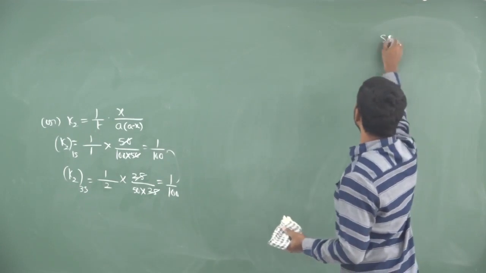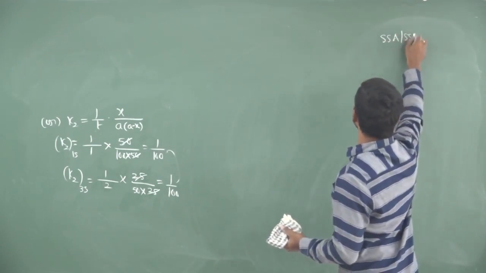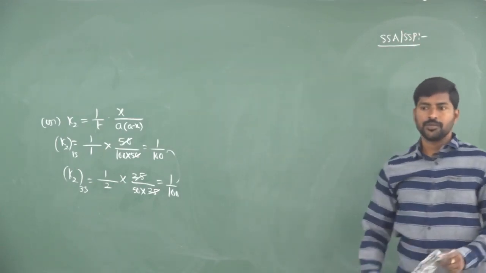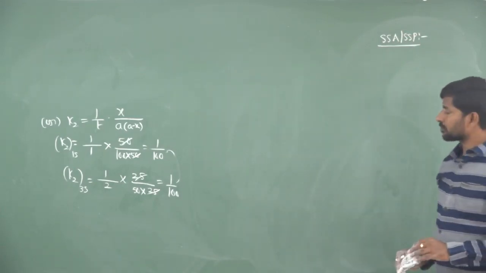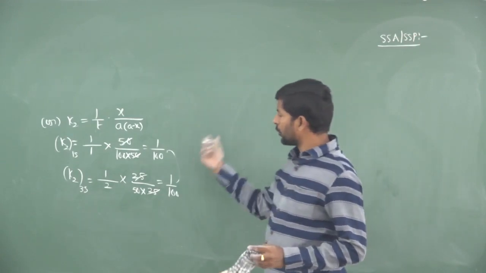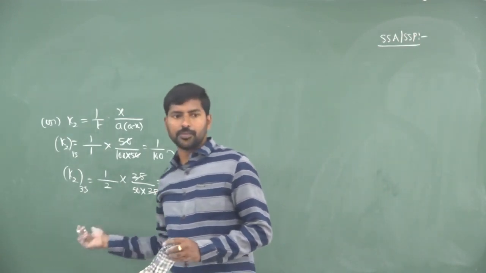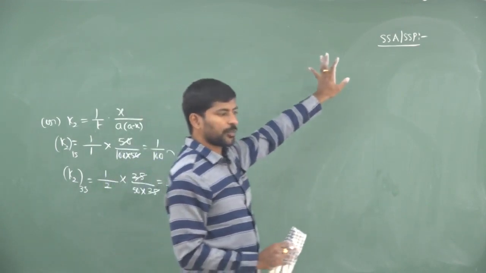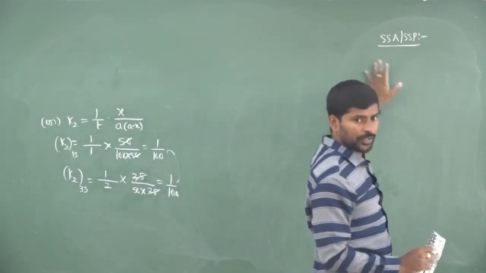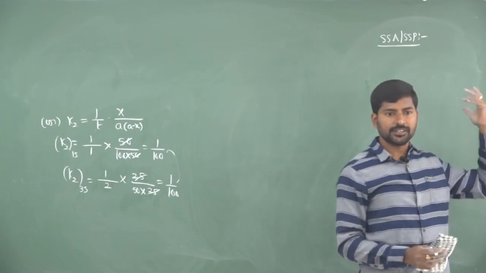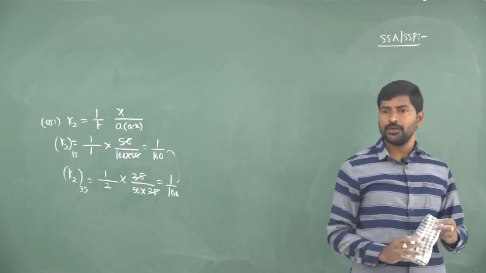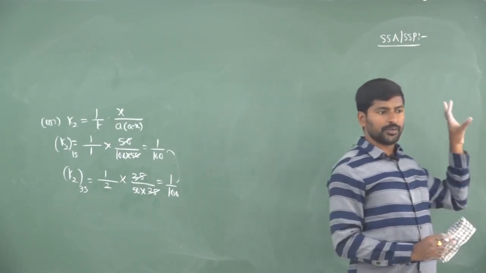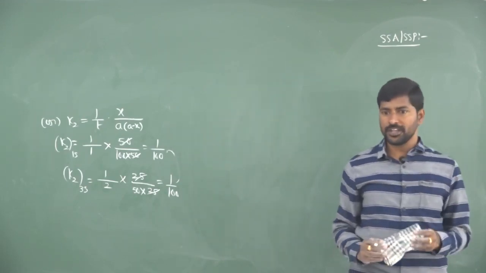Next one, steady state approximation or steady state principle. Mainly JL students have to study up to this, and after that Lindemann's theory of unimolecular reactions. Steady state approximation is actually not mentioned in your syllabus, but while we are studying Lindemann's theory, it is required. Complex reactions are also not mentioned in your syllabus, but briefly revise complex reactions once.